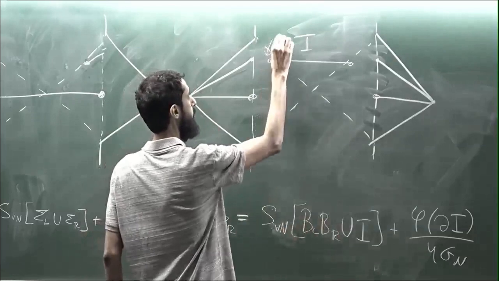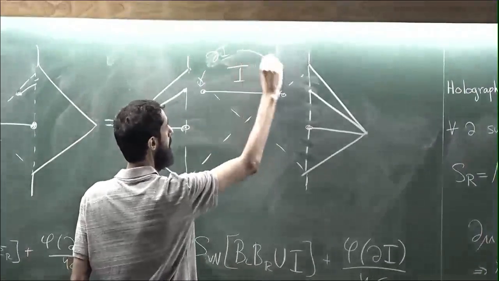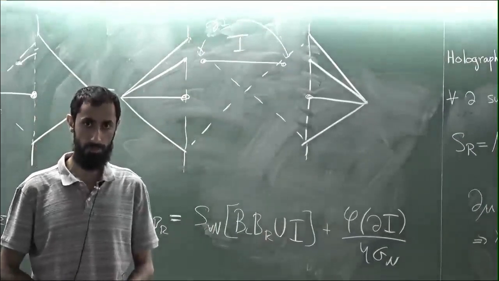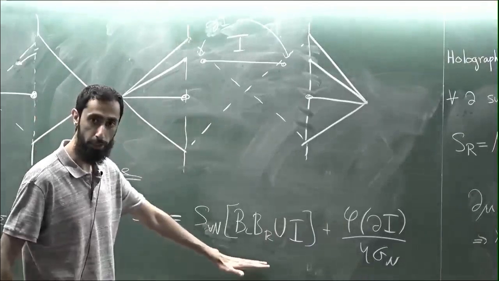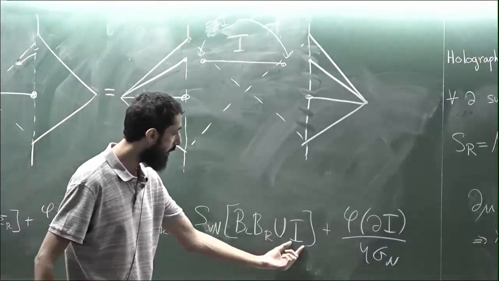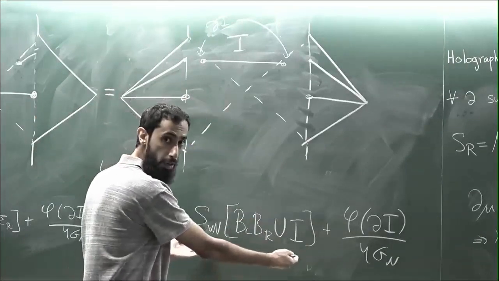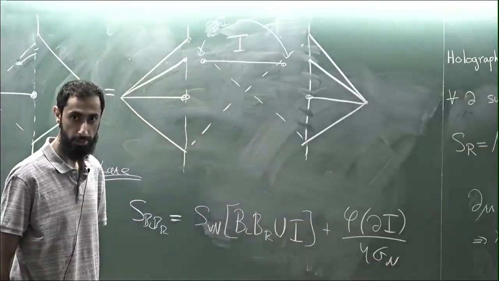You're supposed to think of extremizing the locations of the boundary of I. Yes, exactly. You're supposed to extremize this functional, where you extremize the location of I, or the boundary of I. So you're extremizing the union of this entropy and the area coming from the boundaries.